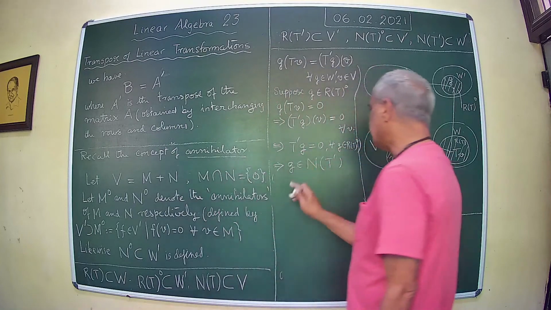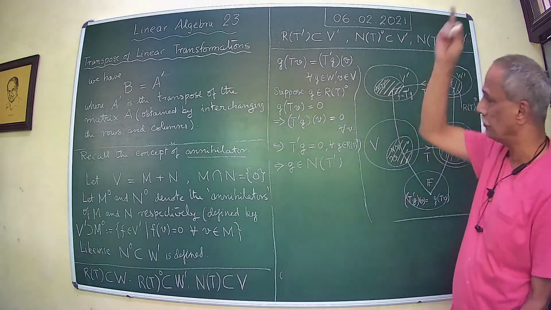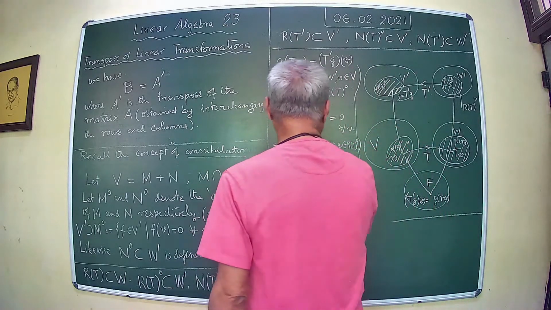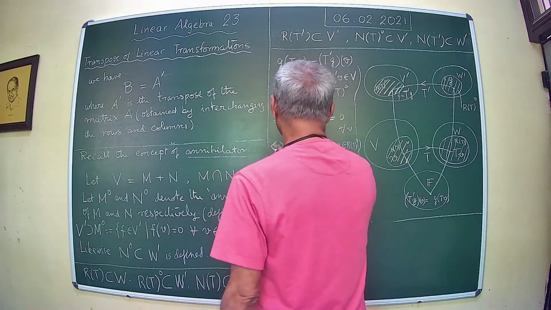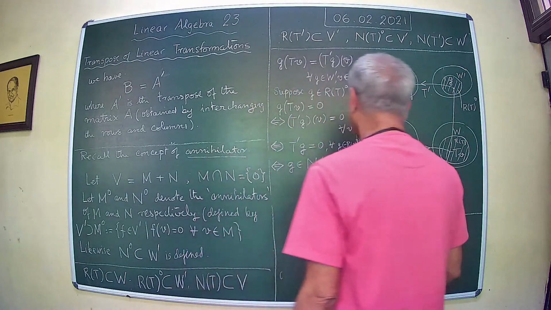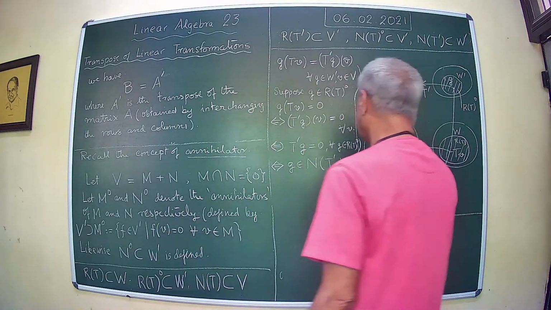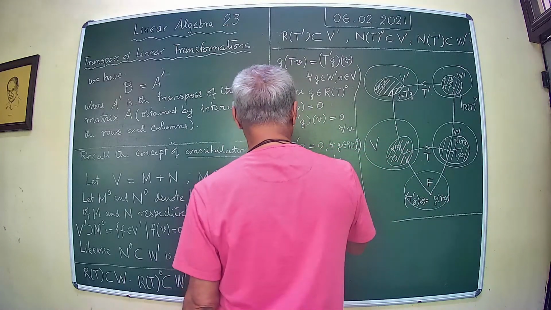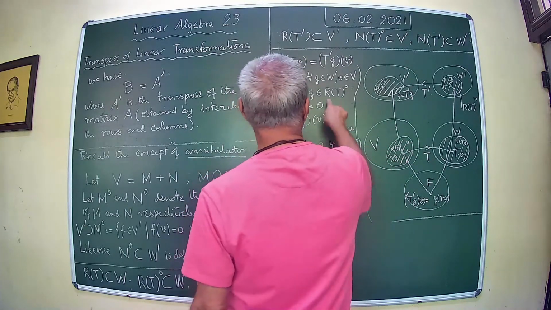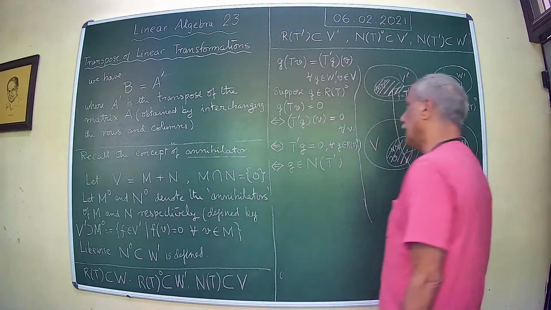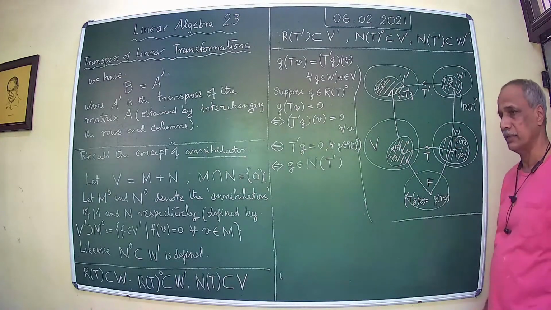And one can easily check that this relationship works in the backward direction. Go to the definition, and therefore any g belonging to the null space of T prime is in the annihilator of RT.